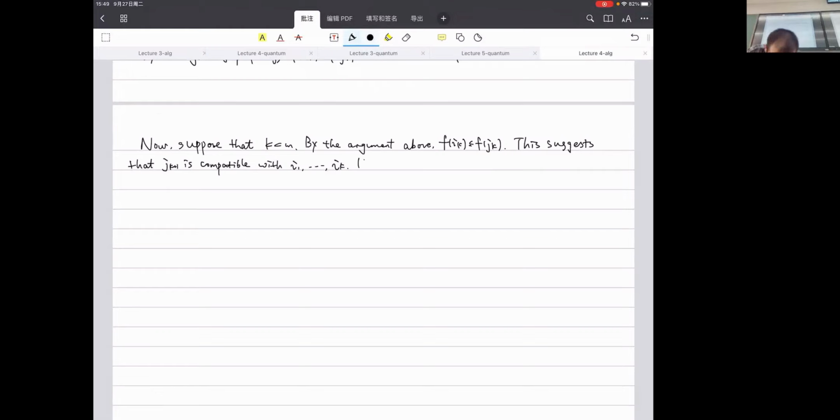However, our greedy algorithm ends with K iterations, a contradiction.